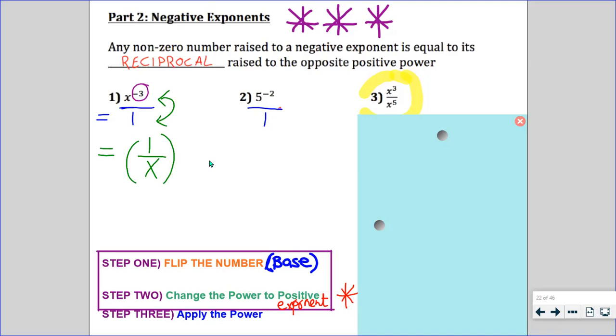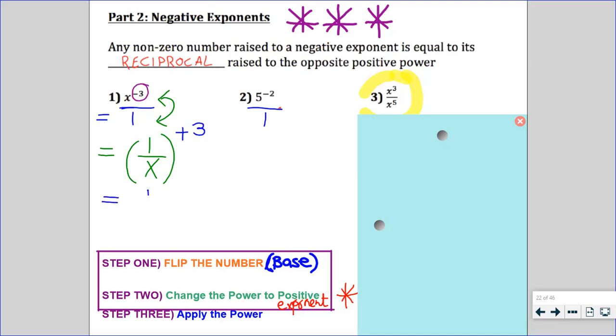Yes. It's really important that a negative power does not mean that my base is negative. It just means I have to apply my negative power rules. So once I flip my base, I can change my power to +3 and apply that power to both my numerator and denominator.